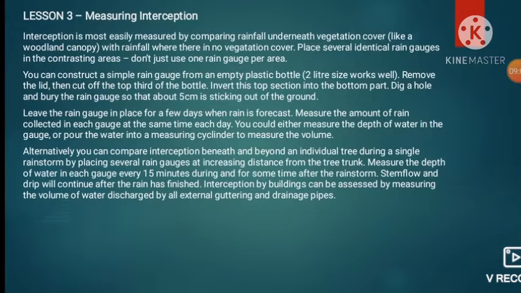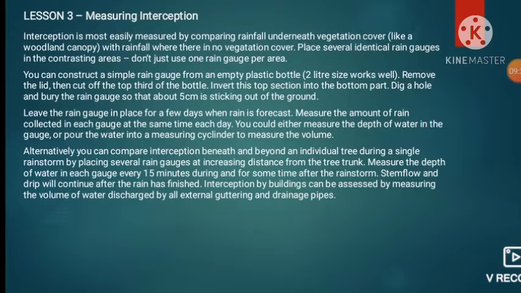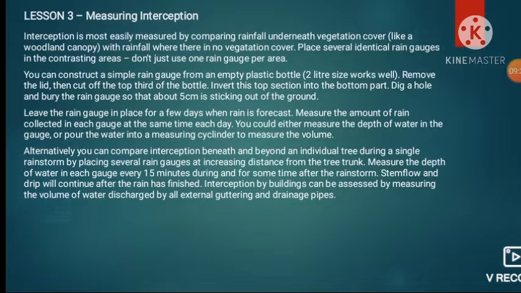Measure the depth of water in each gauge every 15 minutes during and for some time after the rainstorm. The stem flow and drip will continue after the rain has finished. Interception by buildings can be assessed by measuring the volume of water discharged by all external guttering and drainage pipes.